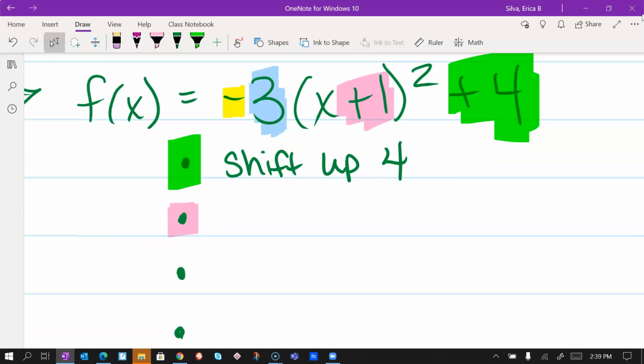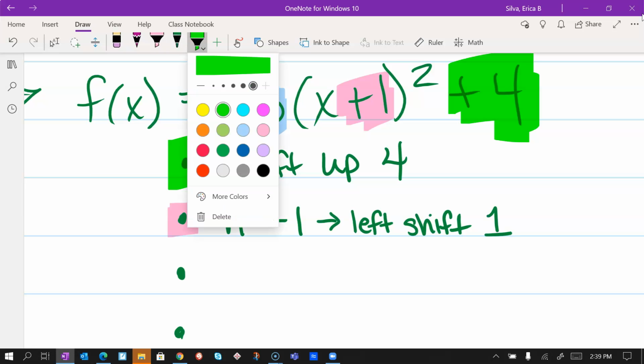All right, and what do we know about x? It lies. So let's put h is actually equal to -1, because x is lying. And with -1, are we going to go left or right? Left. So this is a left shift 1.